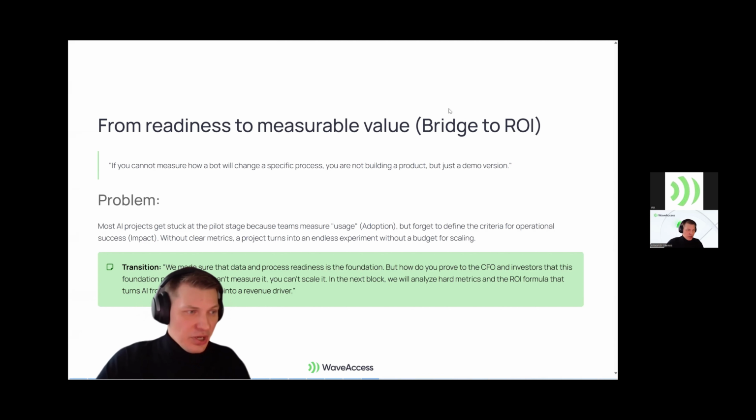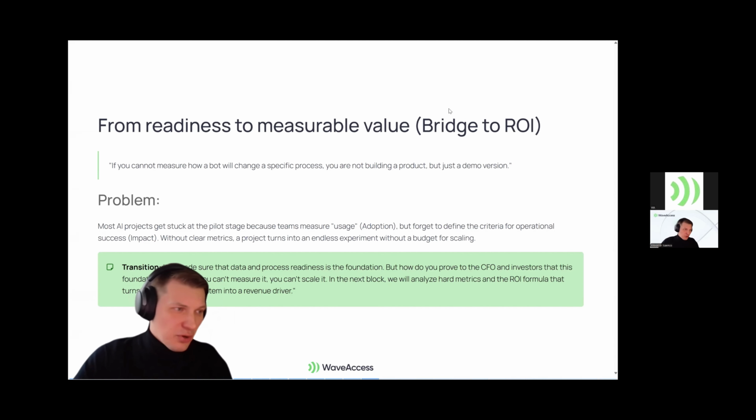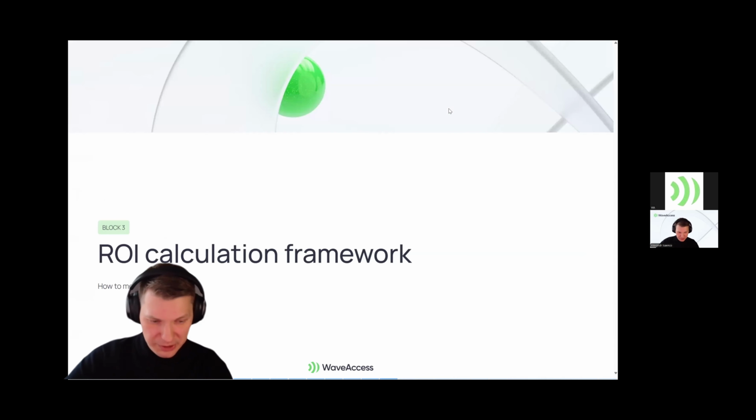Right now, in the current state, it just spends a lot of money on computing power, but the process is the same. Before the LLM or agent, the process was working, everything was working, there was profit in the company. After implementing the LLM, the profit goes down, and the CEO or chief financial officer don't understand why we should use this LLM. There should always be a proper and transparent way to measure this return on investment.